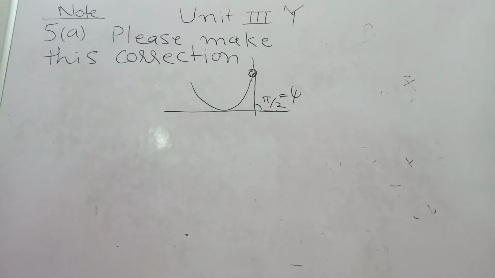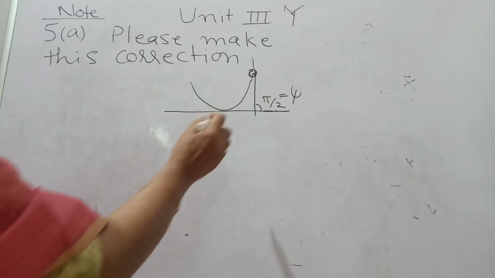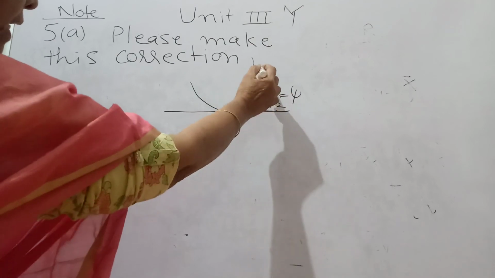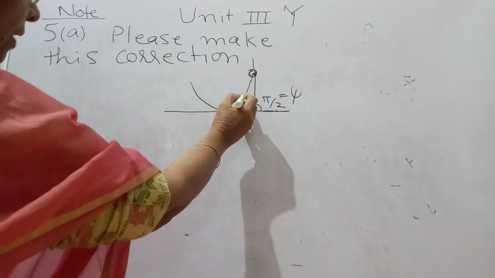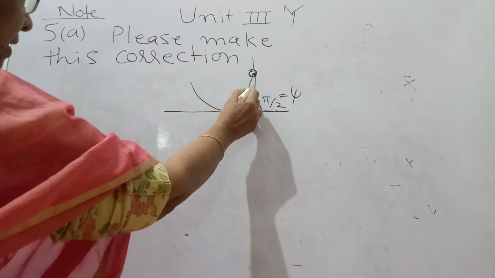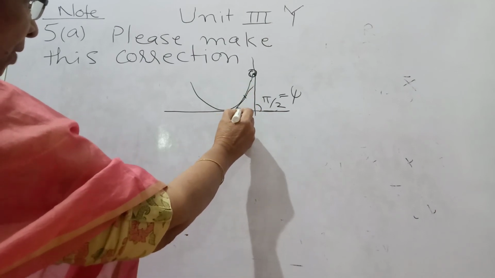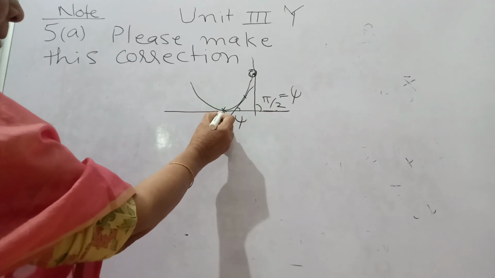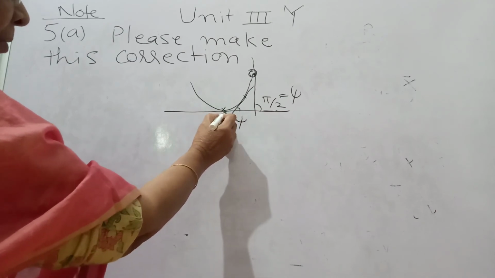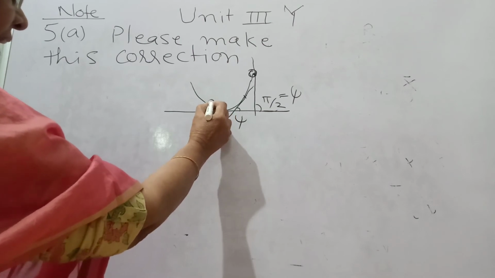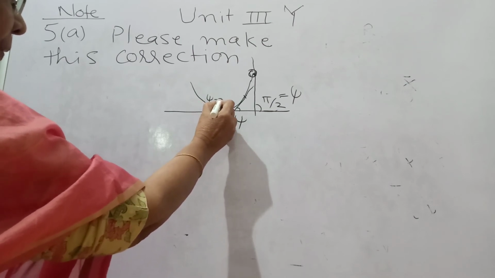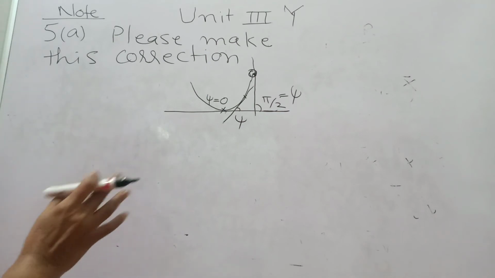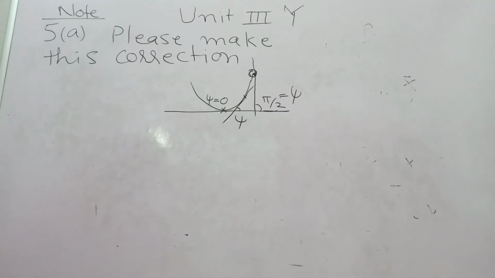What is psi? The angle in between the tangent and horizon, that is psi. So at the highest point psi was taken as pi by 2, of course it will be. At this point psi was taken as psi because this angle was psi, and finally the particle comes over here. Here what is psi? Psi is 0 because it is making 0 angle with the horizon.